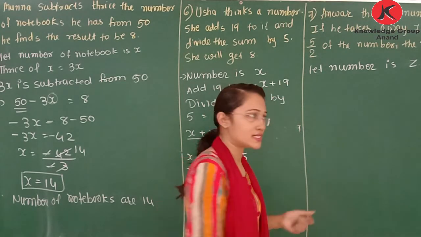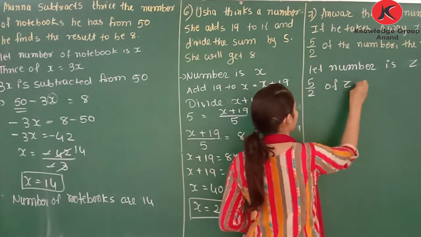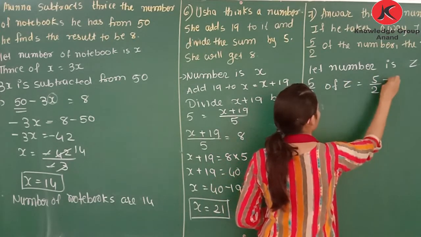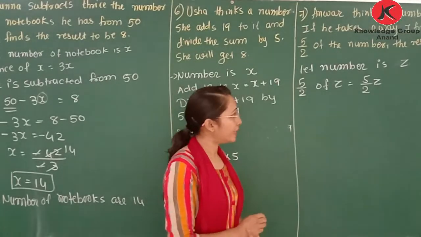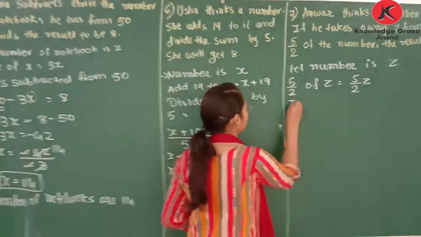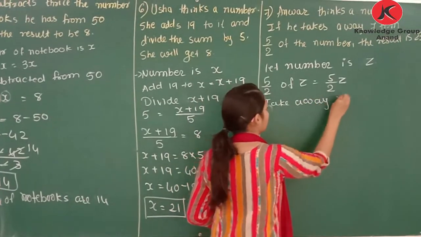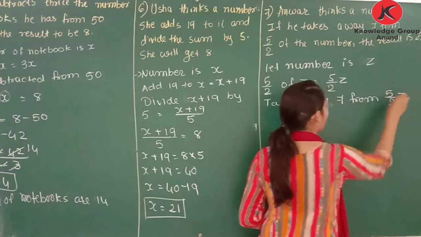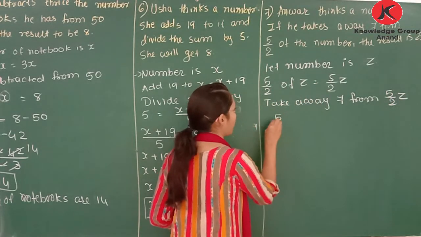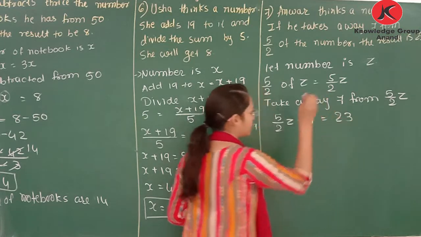Which number? That is z. So 5 by 2 of z is 5 by 2 z. Take away 7 from 5 by 2 of the number, that is 5 by 2 z minus 7, and the result is 20.